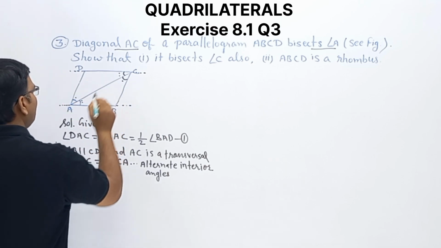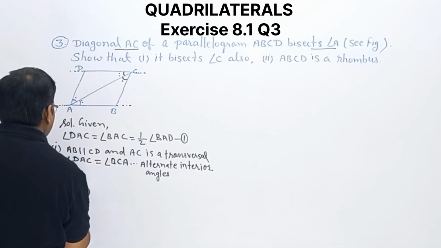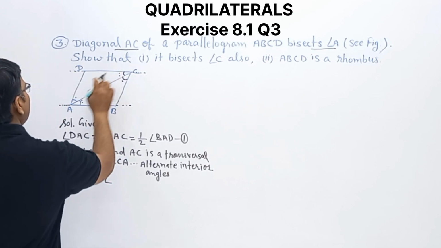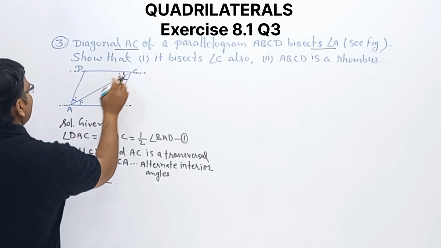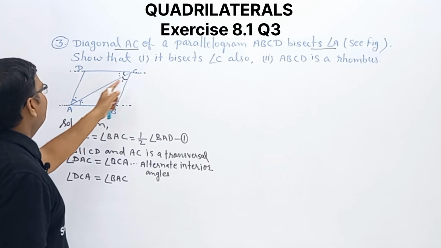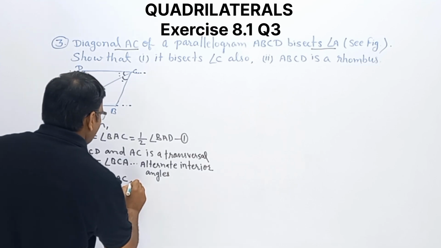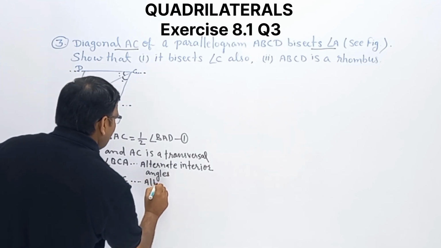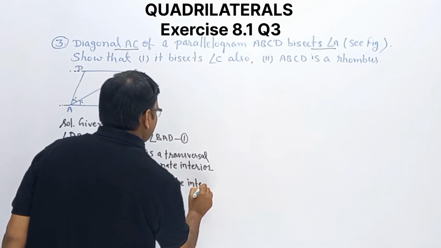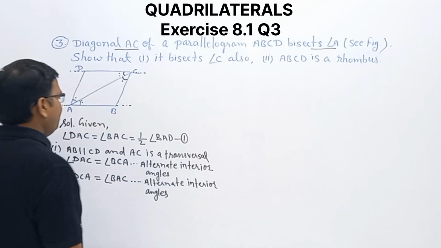How? We can write angle DCA equal to angle BAC, and both are alternate interior angles.